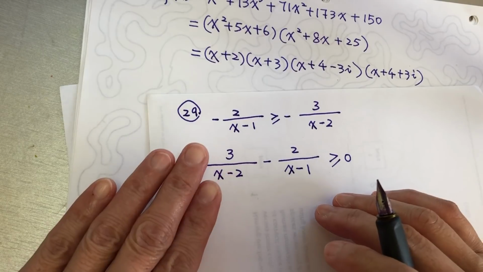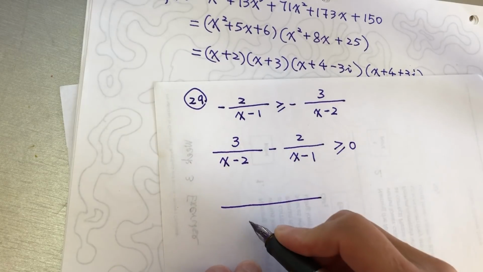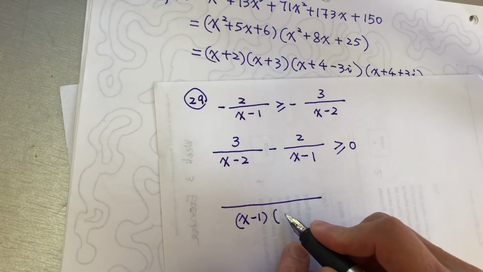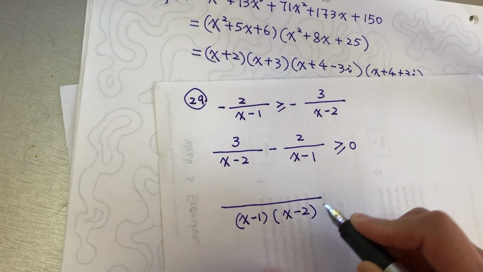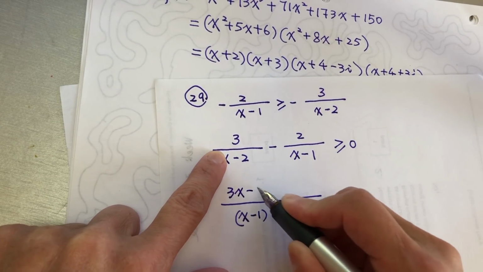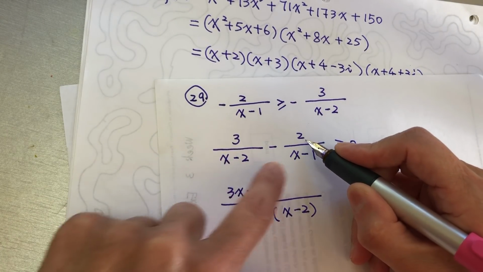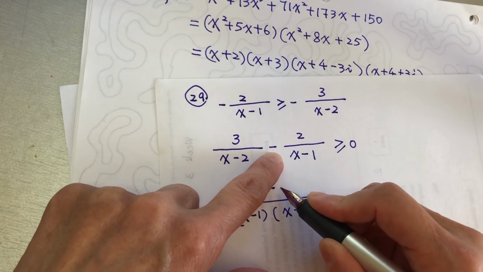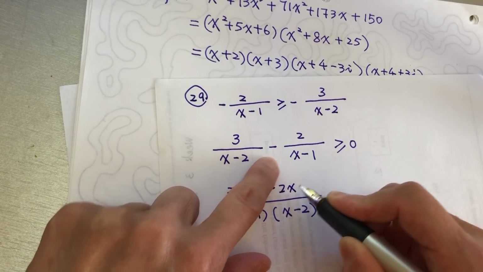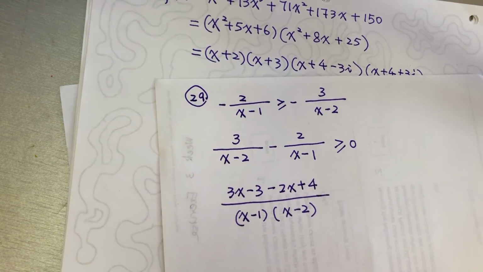Let me first find the common denominator. On the bottom, x minus 1, I still like to write x minus 1 first, then x minus 2. And this one needs to be times x minus 1, so 3x minus 3, minus, and this one needs to be times 2, so 2x plus 4, right?